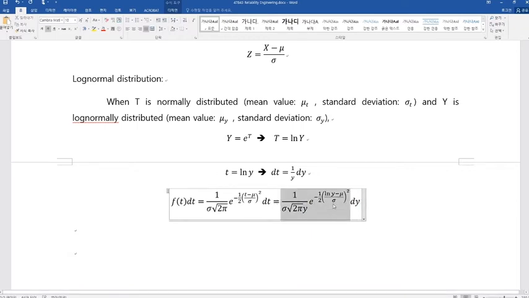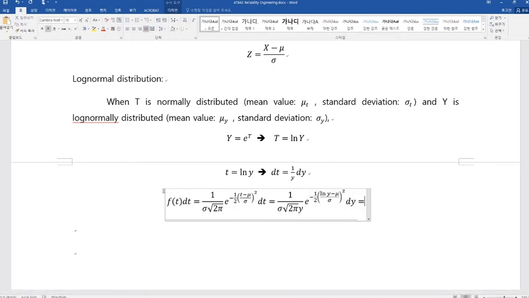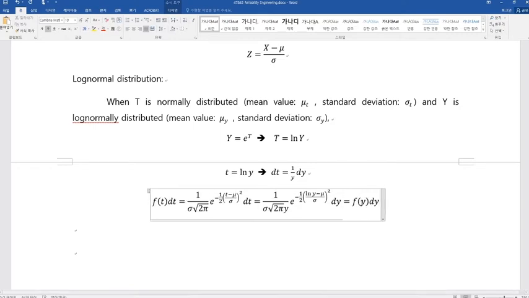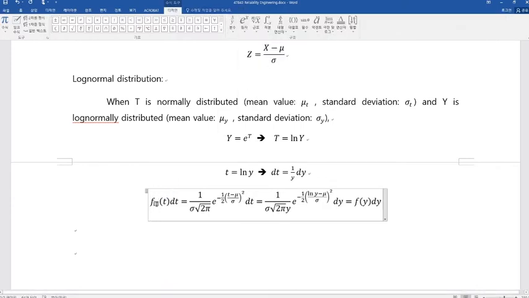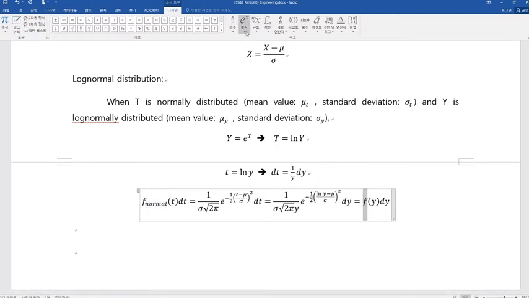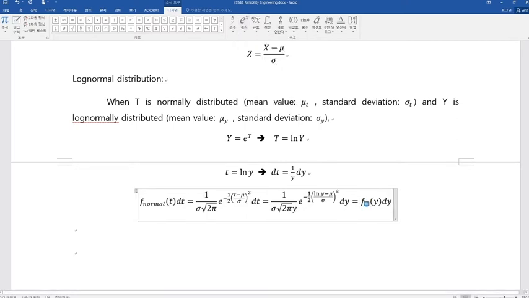So this part is the form of log normal distribution. So it is now written as, if this is the function for normal distribution, I'm going to write it as f of normal, and this would be the function for log normal distribution.